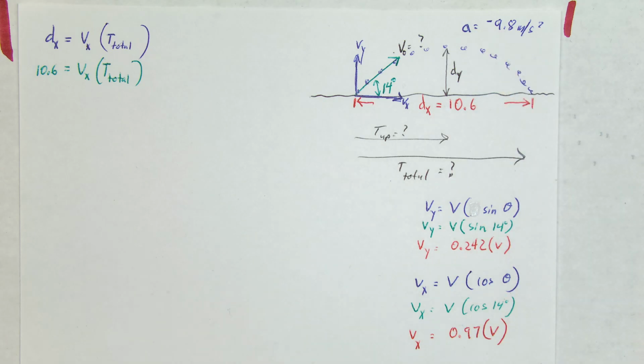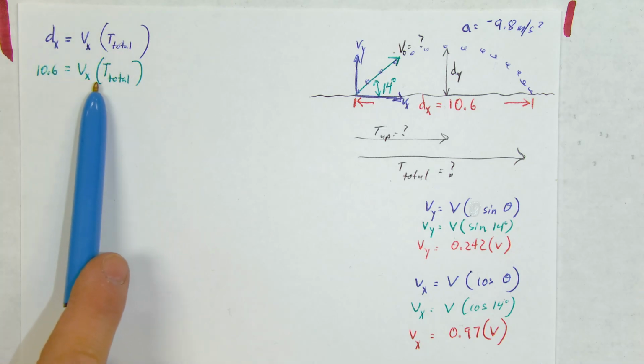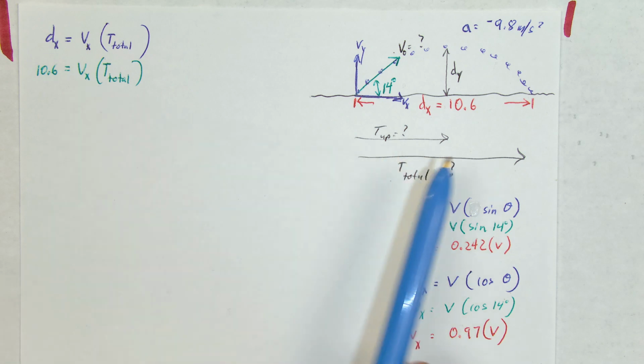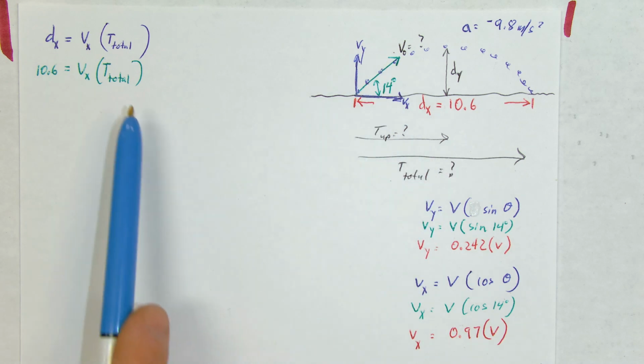But the one thing we can do here is start thinking about, could we put this in terms of our original V, which is really going to help us, as you'll see in a little bit. So I'll go ahead and do that.